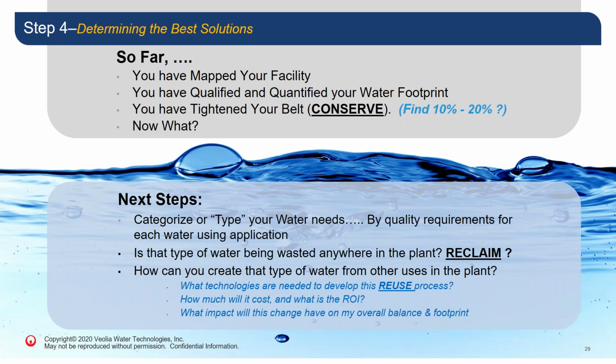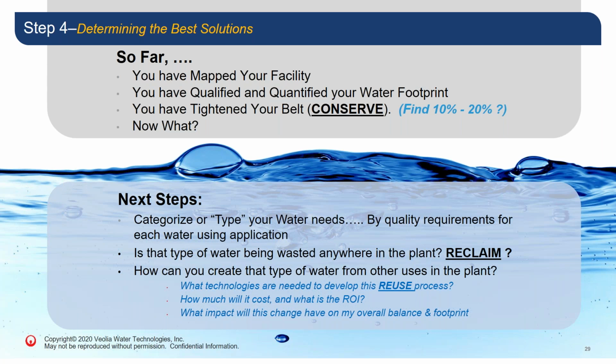And typically, they can be bucketed or commonized into 2 or 3 major types of water, and they're going to be individual for your plant. The first question you would ask is, once you've agreed upon and identified what those types are, is that type of water already being used in the plant, and is it being wasted anywhere?